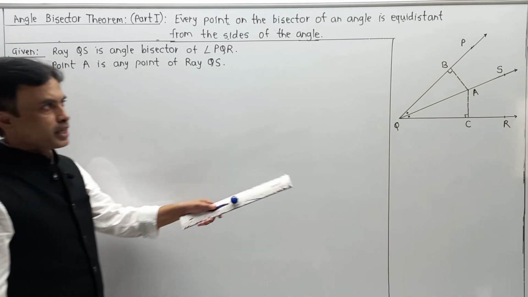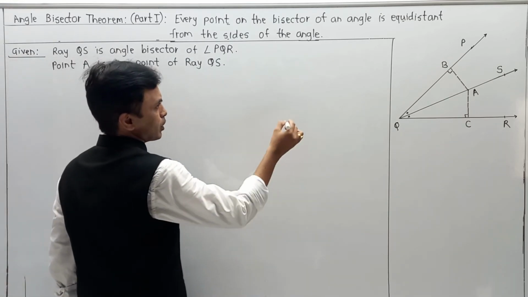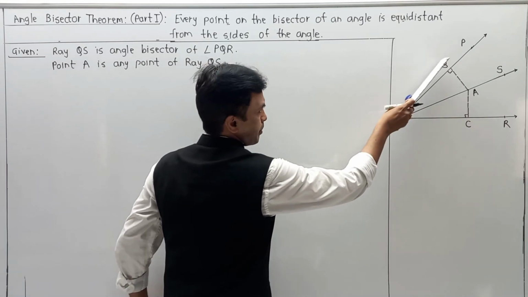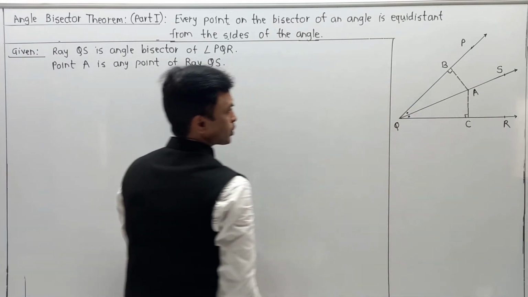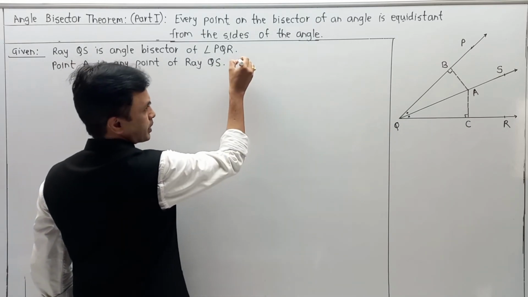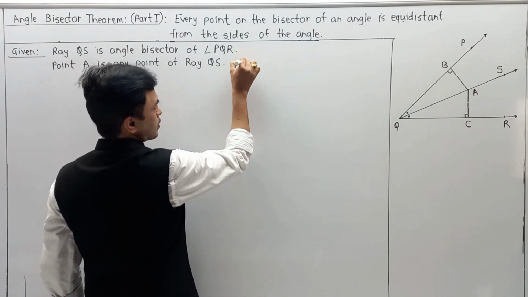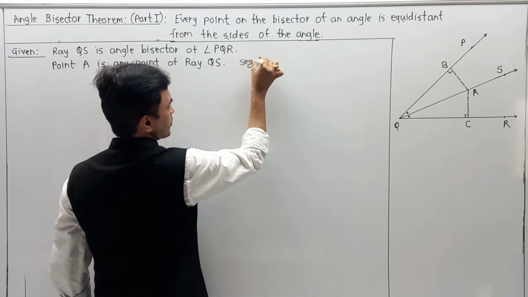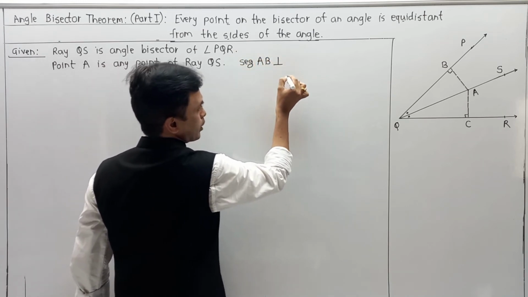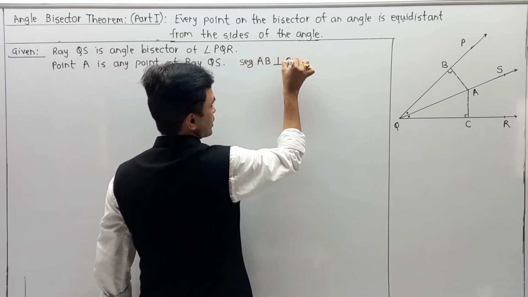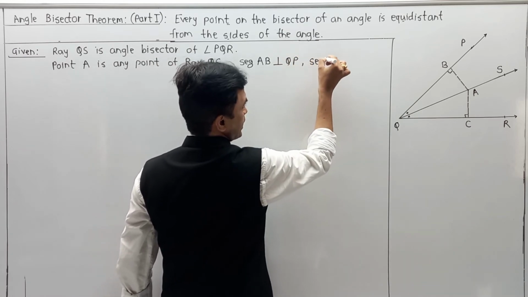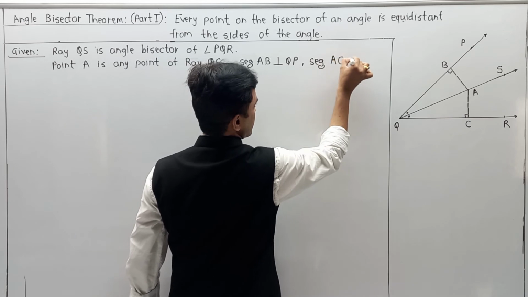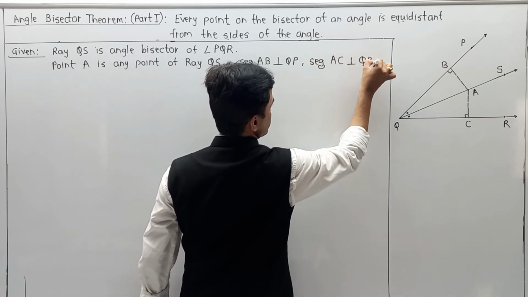Also we know that AB is perpendicular to QP and AC perpendicular to QR. Therefore, segment AB perpendicular to QP and segment AC perpendicular to QR.